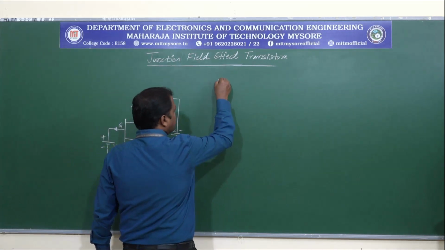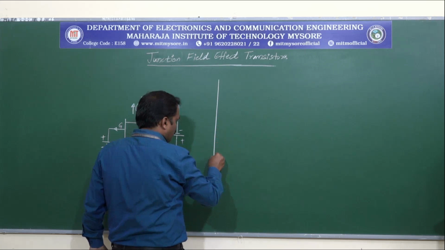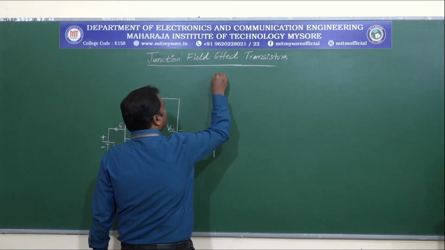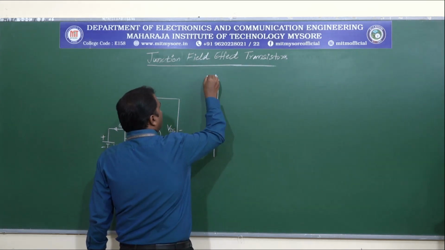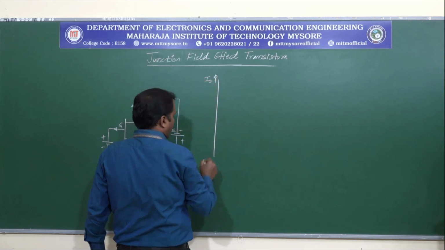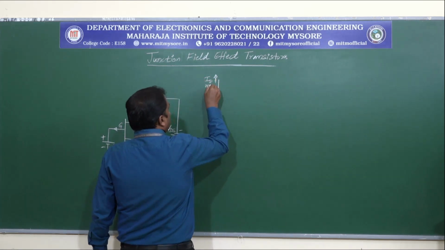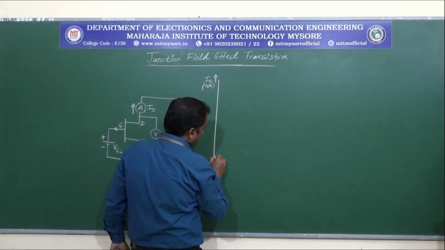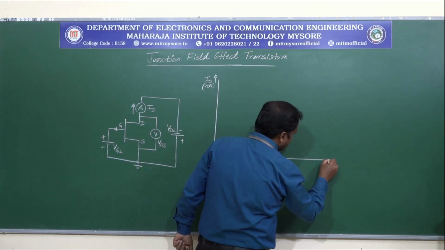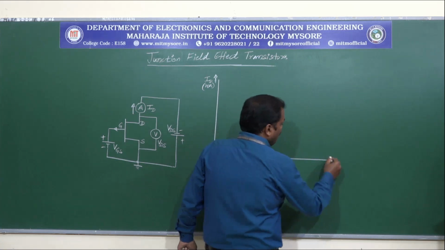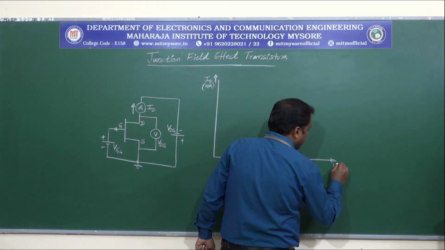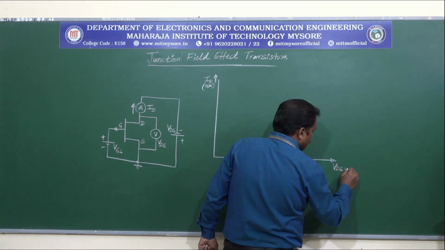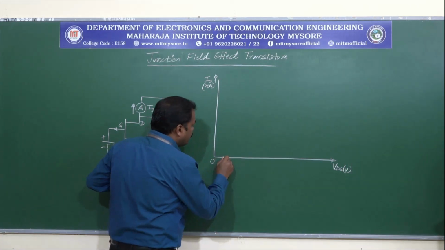On the Y axis we will have ID, which will be measured in milliamperes, and on the X axis we will have VDS, which will be starting from 0.